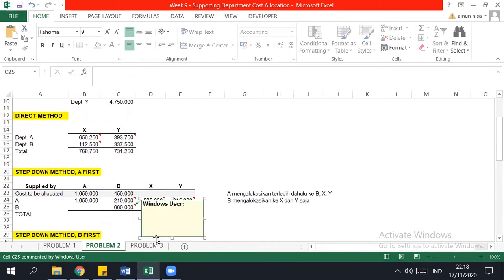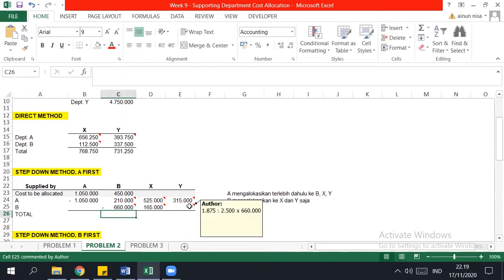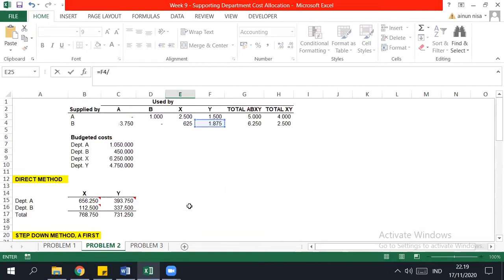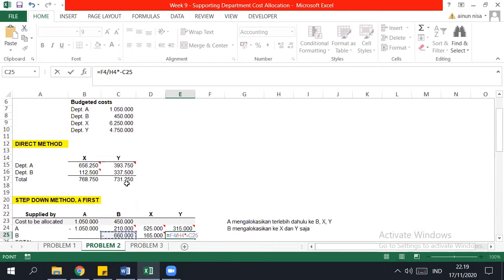Actually, 660,000 comes from the original cost, which is 450,000, plus the cost that is allocated from Department A, which is 210,000. While for Department Y, it is 1,875 divided by 2,500 times the cost of Department B, 660,000.